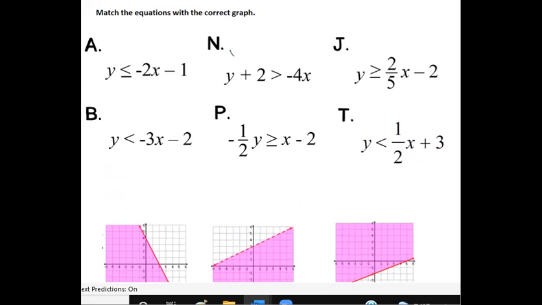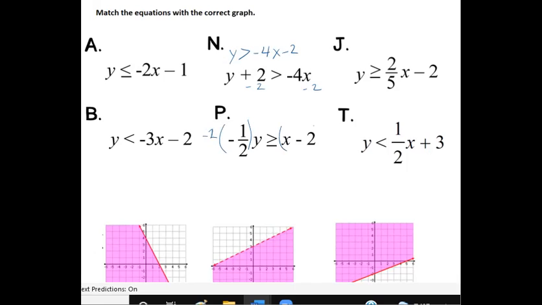This one, I'm just going to move my 2 over. So I'm going to subtract the 2 from both sides. When I'm subtracting, I don't have to switch the inequality sign. This one looks good. This one looks good. This one, I need to get rid of that minus 1/2, so I'm going to be multiplying by a minus 2.